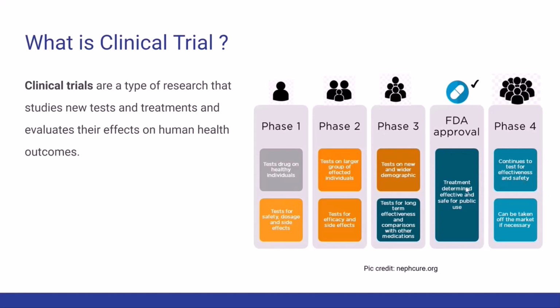And maybe everything went well up to phase 3, but then we find out when it actually enters the market that something's wrong, right? You can even take the drug off the market if things don't go well after market. Okay. This can happen because phase 1, 2, 3 is a very controlled environment, right? Everything goes well, but it's happening in a very controlled environment. Whereas phase 4, it's out in the market, so anybody can use it, in the real world.